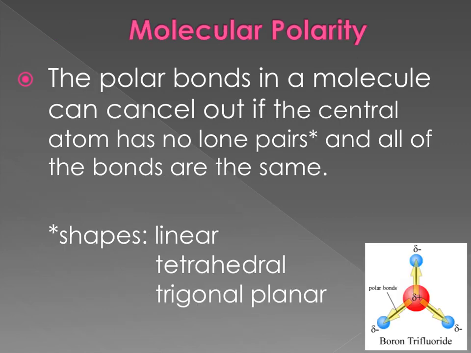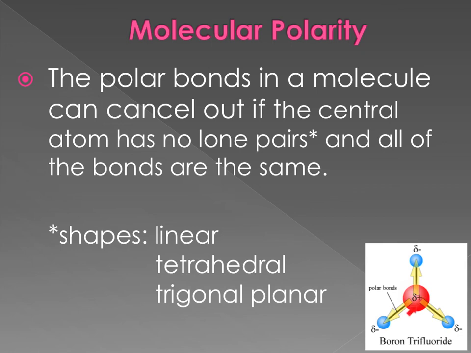So this slide references how you can have polar bonds, but the molecule itself be nonpolar. The polar bonds in a molecule can cancel out if the central atom has no lone pairs and all the bonds are the same. Our examples of this would be linear, tetrahedral, and trigonal planar. So if you look at this example down here, we have our central atom.